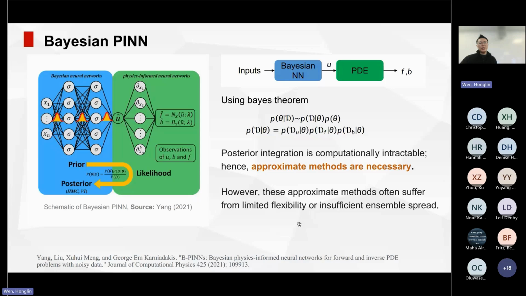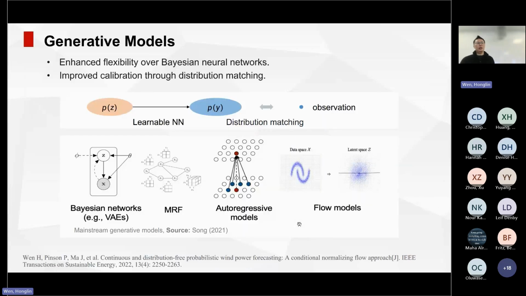But if we think about the probability mass transport I mentioned before, it's very natural to link this problem with the generative model, as I said before. What we need to do is just find a transport from the initial distribution to the solution distribution, right?